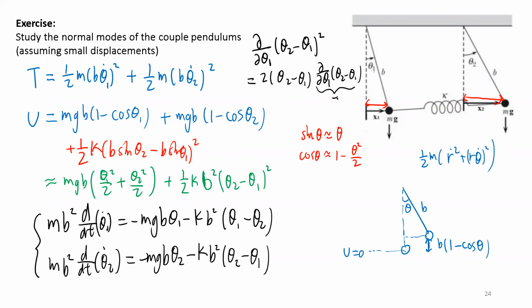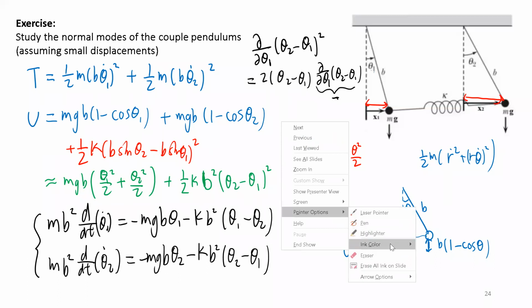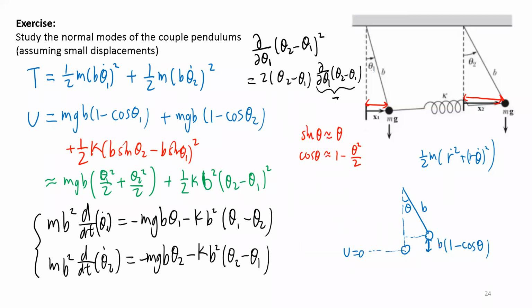If you do the partial derivative for this term with respect to theta 1, you pick up a minus sign. However, if you do the derivative with respect to theta 2, then you don't pick up a minus sign. So that's why this one and this one are off by a minus sign.